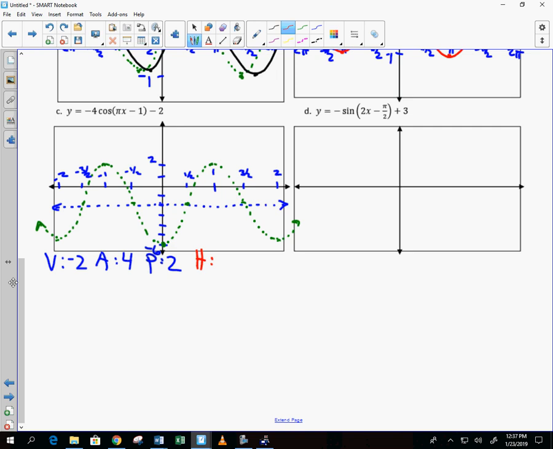Horizontal shift. I take the inside, pi x minus 1, and set it equal to 0. Pi x is equal to 1. Divide by pi. X is equal to 1 over pi.